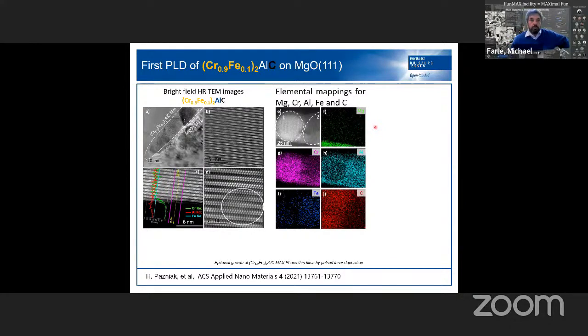And here Ulf Wiedwald grew that on MgO 111. According to theoretical predictions, it should have been possible, but it never worked with magnetron sputtering. So what technique might he have used? Well, I will tell you in a few slides. But nevertheless, for the moment, let's see what he produced.